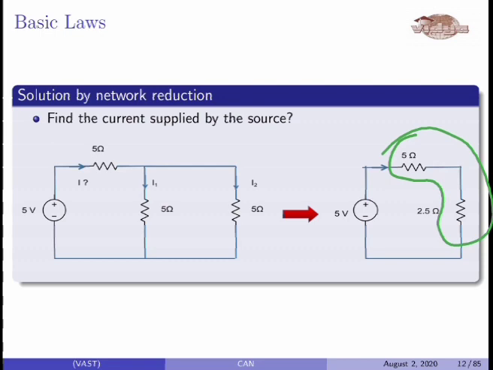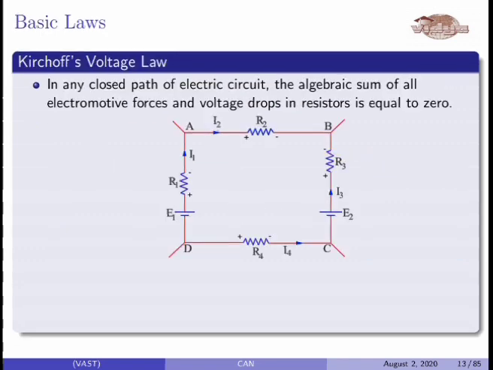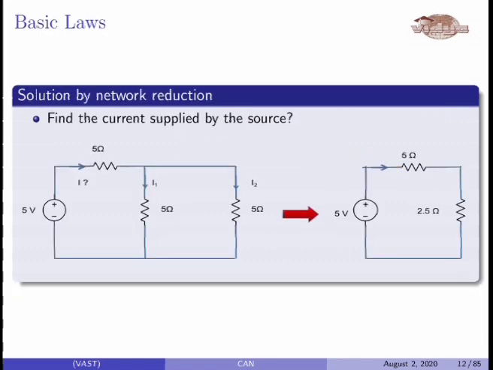So by using Ohm's law, we can simply find the current supplied by the battery as 5 volt divided by the effective resistance 7.5. 5 by 7.5 will be the current supplied by the battery.